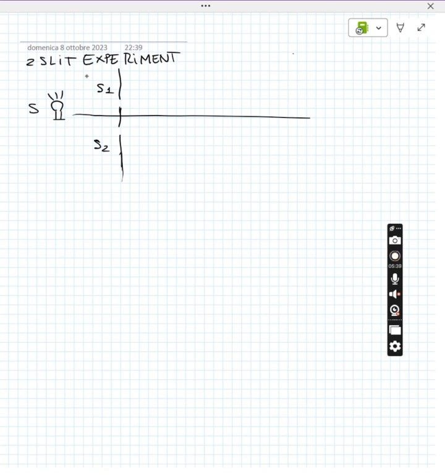Now the question is, imagine that on this side we can collect the light that is passing through the slits and arriving here. For example, let's consider this point on the y-axis. We ask, what is the intensity of light at this point?